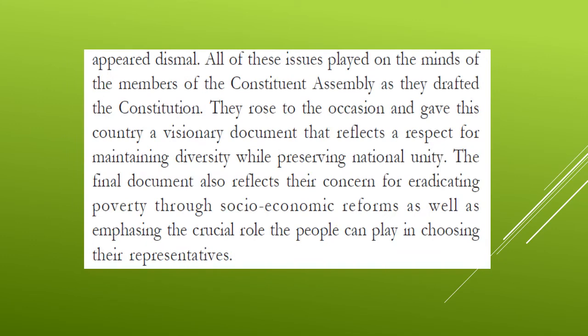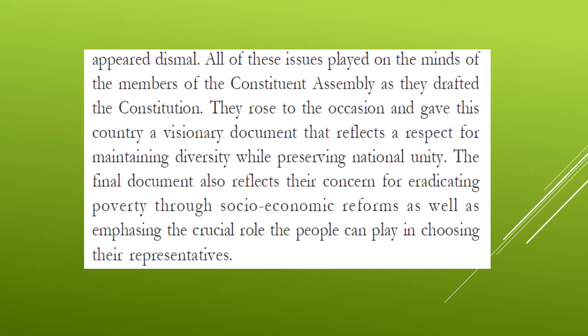All these issues were in the minds of the members of the Constituent Assembly when they were drafting. They were sure that the people should get a constitution that reflects the actual culture and tradition and the diverse features, while preserving national unity. So they also laid emphasis on socio-economic reforms.